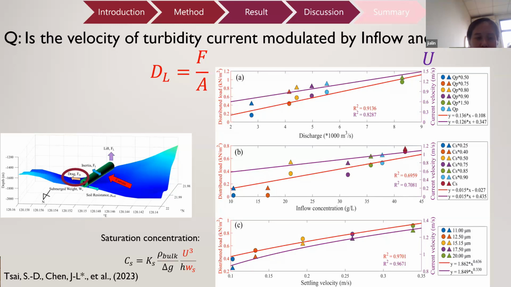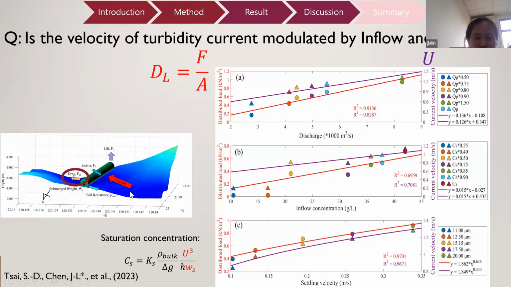So in our study, we further utilize the numerical model we have calibrated to relate it to the subsea cable design. We only do a simple calculation because there were many parameters for subsea cable design, like lifting force, inertial force, and also soil resistance. They are definitely important.